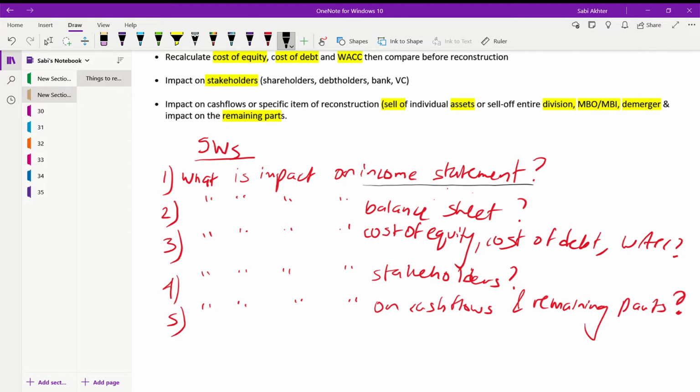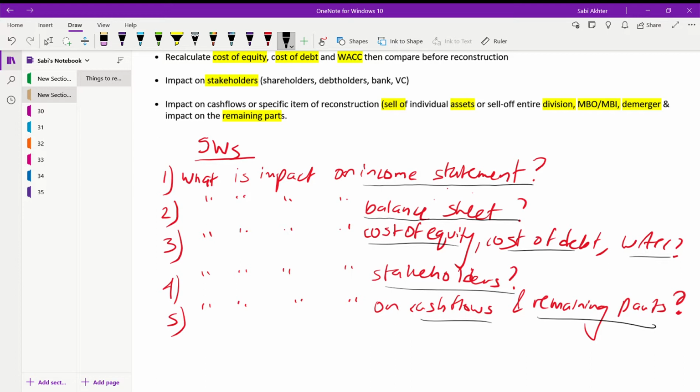Income statement, balance sheet, cost of equity, cost of debt, and WACC, stakeholders, cash flows, remaining part. So I break down into 8 keywords. Now you write it: income statement, balance sheet, cost of equity, cost of debt, WACC, stakeholders, cash flows, remaining part.